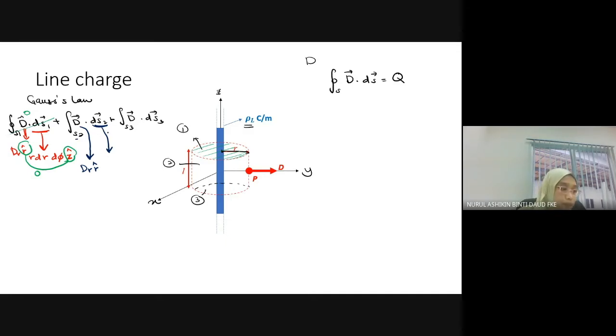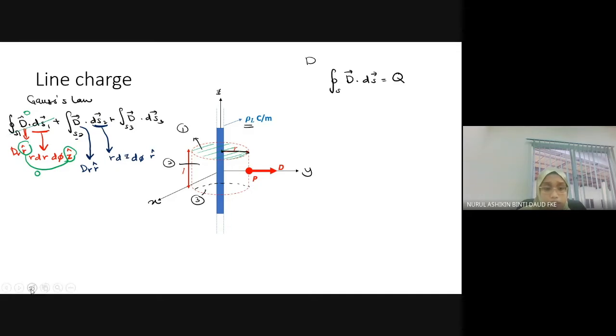So it will be r dphi dz in the r direction. Sorry, I wrote r dr dphi earlier, but this is supposed to be dz, because this is in the r direction.